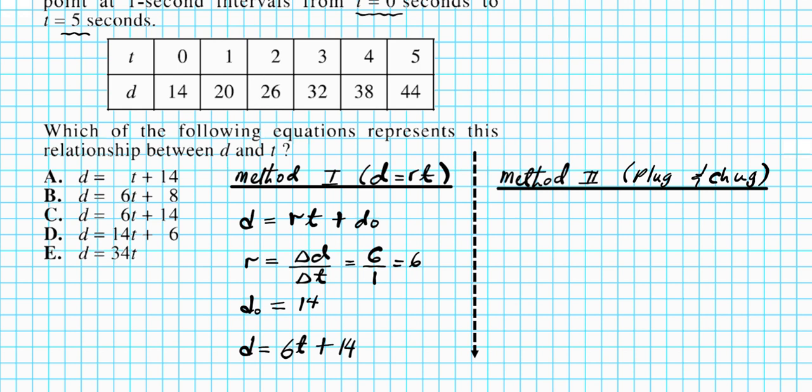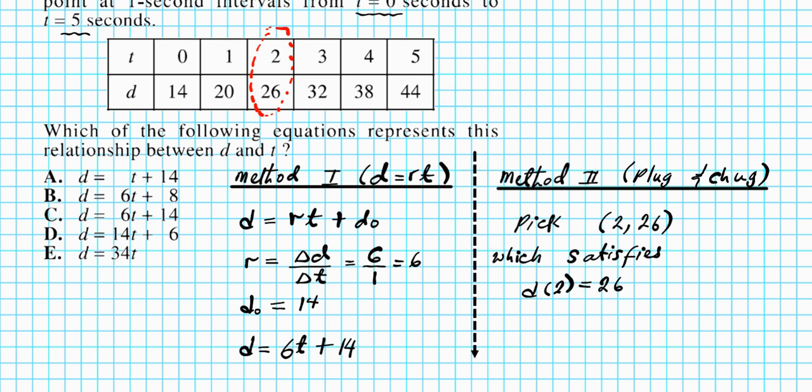In this problem, just to play it safe, I will select the third pair, where t is 2 and d is 26. So we're going to pick the ordered pair 2, 26, and we're going to see which equation satisfies the statement d of 2 equals 26.